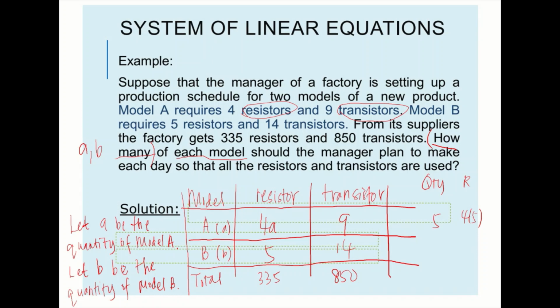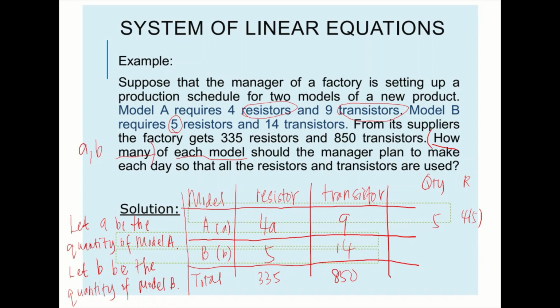And for model B, it requires 5 resistors for 1 unit of model B. So how many in total do we need for model B?